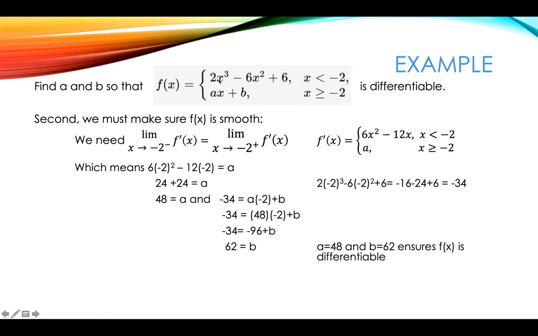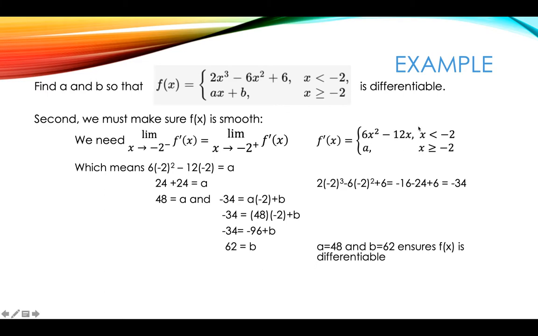If you look, we just did the power rule on each of these terms. And then for ax plus b, the derivative of b is 0. The derivative of ax is a. So our second rule is a, for x greater than or equal to -2.